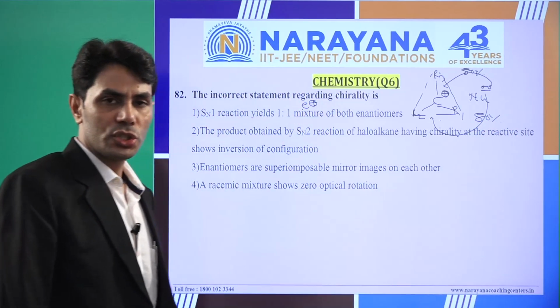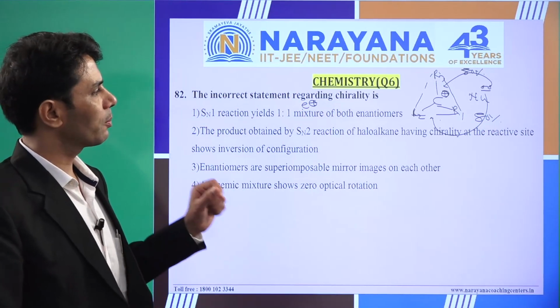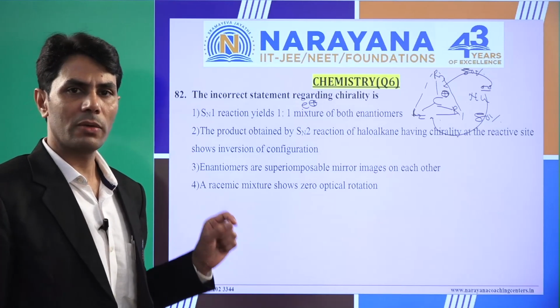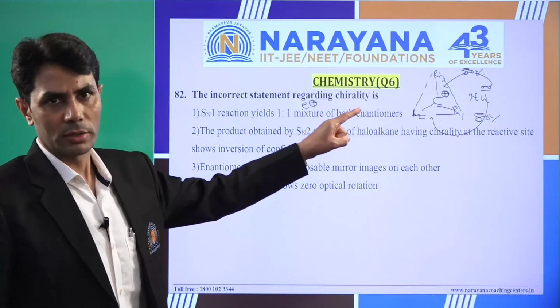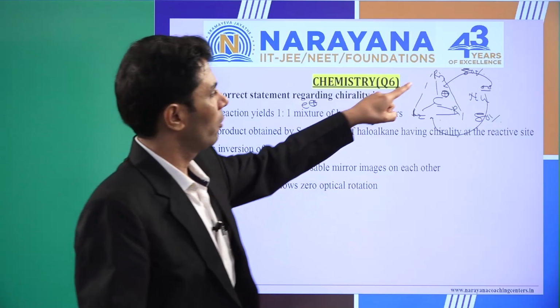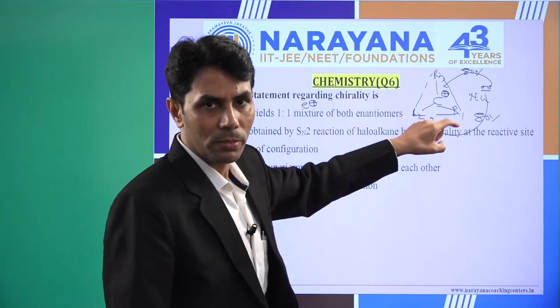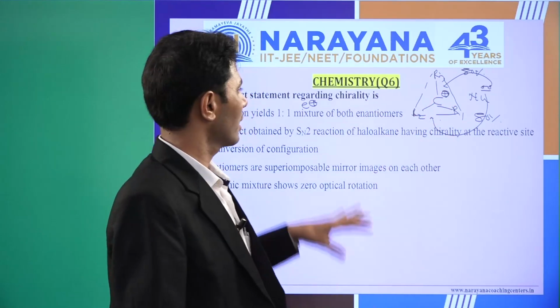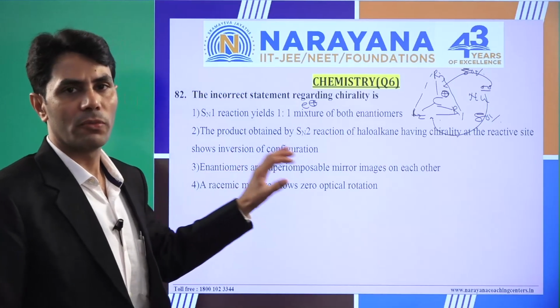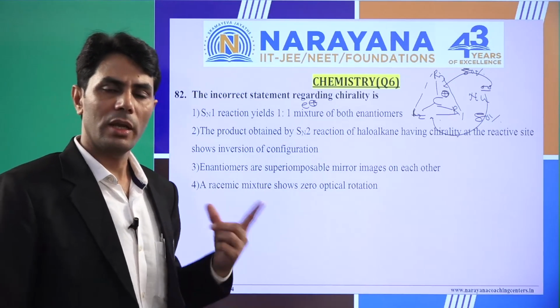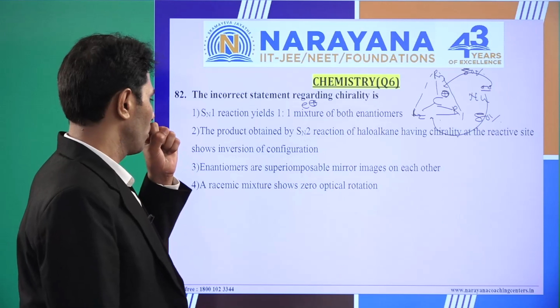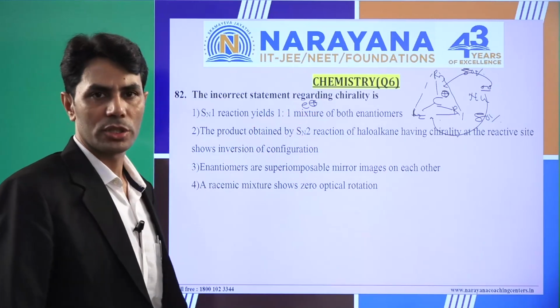So the chances of the final product D form and L form are also equal. So 50% D form and 50% L form compounds will form. It means racemic solution will form, that is optically inactive, and both will be 1:1 mixture.